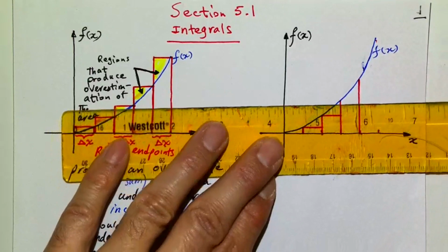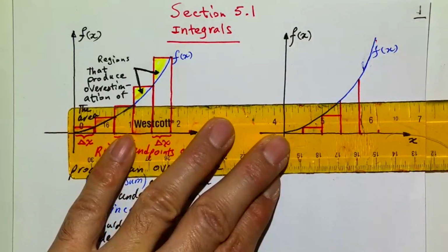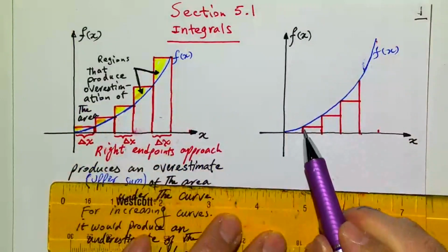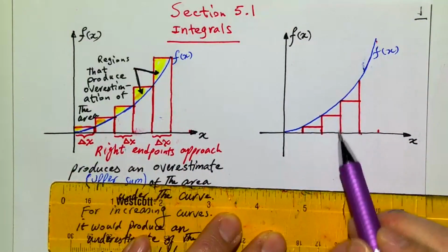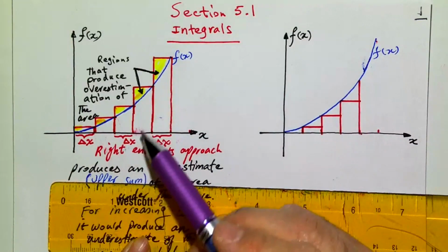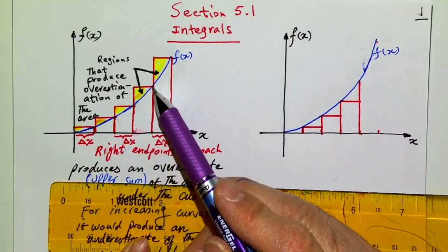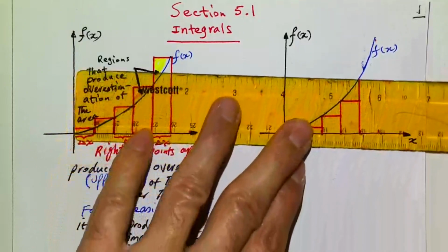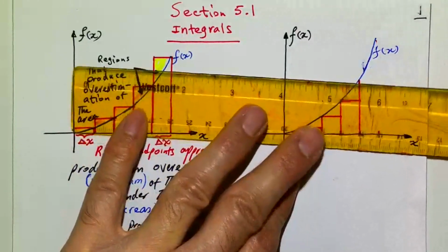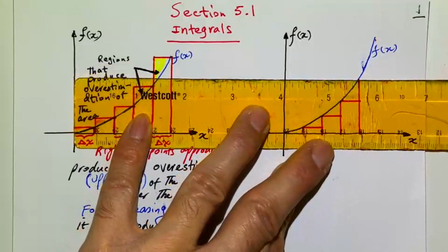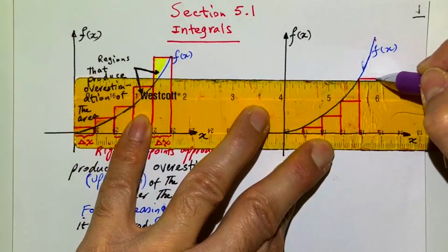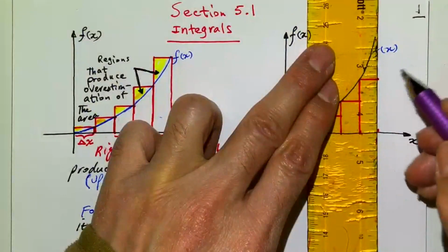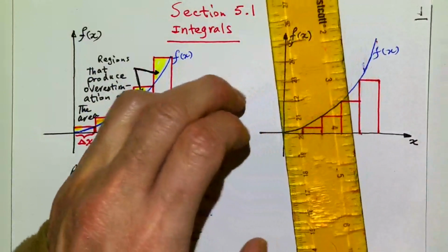And then this, and then of course this left corner, right? You're noticing that the left corner of each rectangular bar is on the curve, as opposed to that one, where the right corner of each rectangle was on the curve. And then let me draw another one here, maybe here. So we have that.